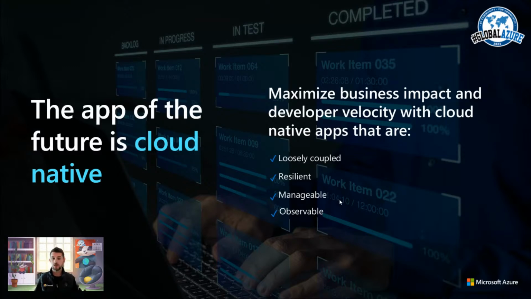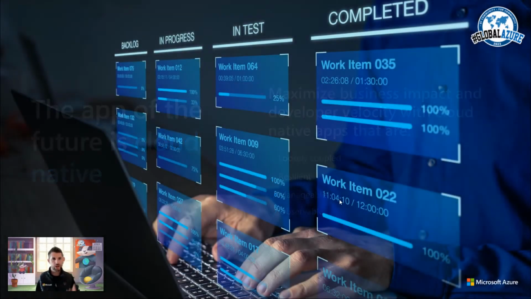We want our applications loosely coupled, resilient, manageable and observable. These are only a couple of factors that are important for today's applications, because we also need to maximize the business impact of our applications and increase developer velocity. And that's best possible with the cloud native mindset in the back of our heads.